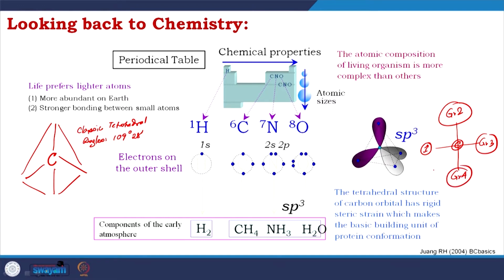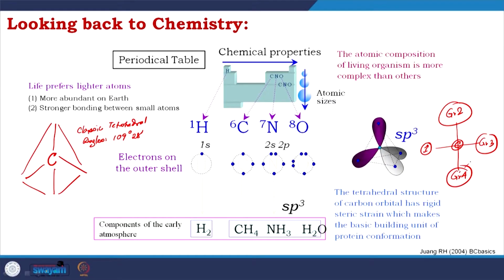A very interesting phenomenon we discussed called chirality, where if you want to put this in a plane, you could only develop a plane with 3 of them, like the carbon, group 4 and group 3, or the carbon, group 2 and group 3, or the carbon, group 1 and group 2, or group 1 and group 4.